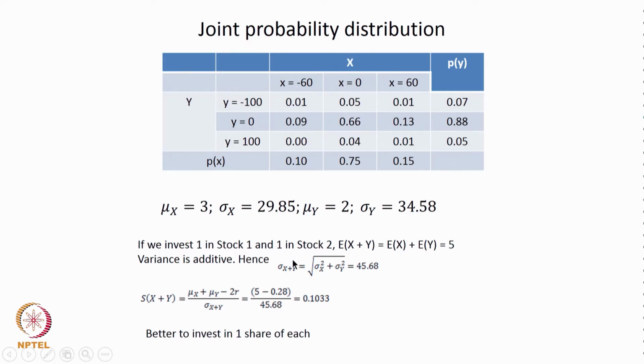Variance is additive, so sigma is 45.68, and the ratio, mu x plus mu y minus 2r divided by sigma of x plus y, becomes 0.1033. Right now it makes sense, it is better, to invest in one share of each together rather than put everything in either the first share or the second share.